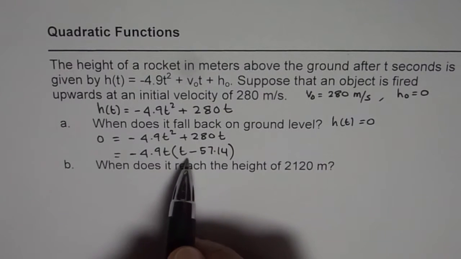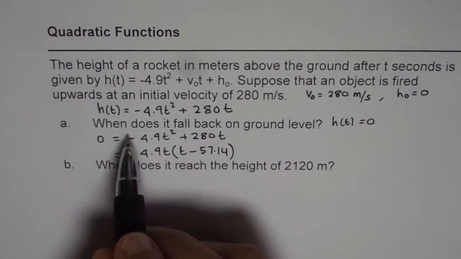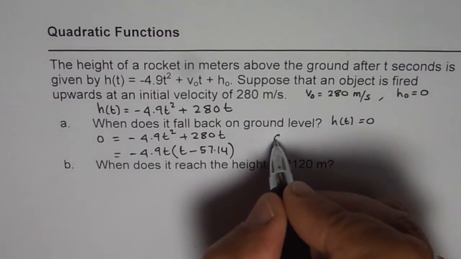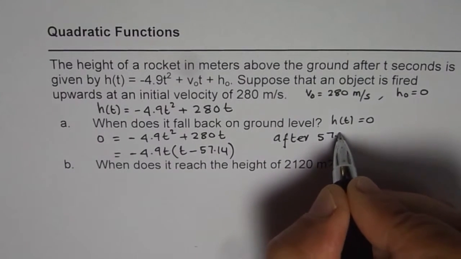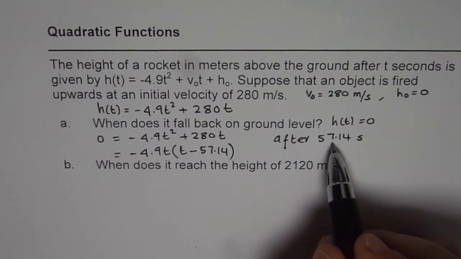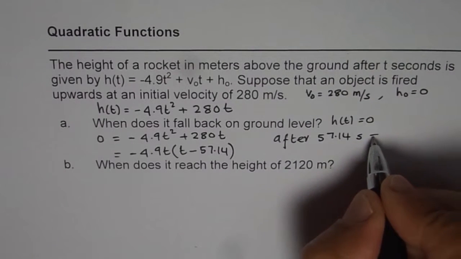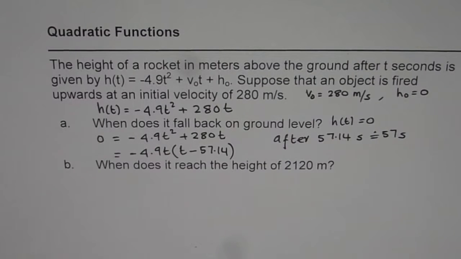The other value is t = 57.14. So the rocket falls back on the ground after 57.14 seconds. At times you can round it to the whole number, so approximately 57 seconds. That is our answer.